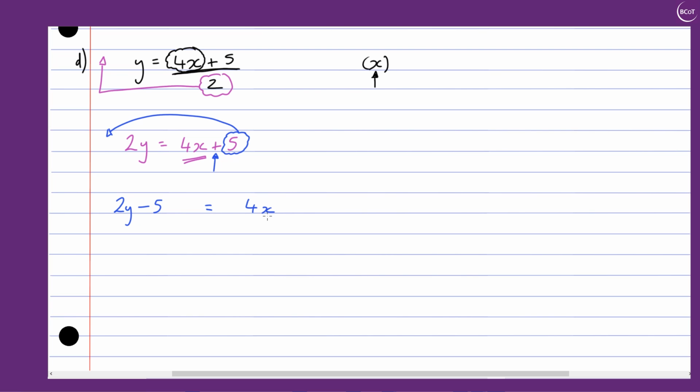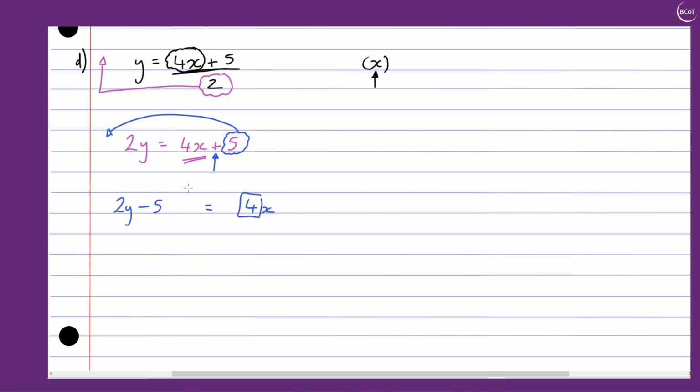So because the 4 is glued to the x, we can't change the side, change the sign, because there's no plus or minus in between them, but we can swap and drop the 4. We want to get rid of it somehow, but it isn't 4 plus x or 4 minus x. It's 4x, it's 4 times x.